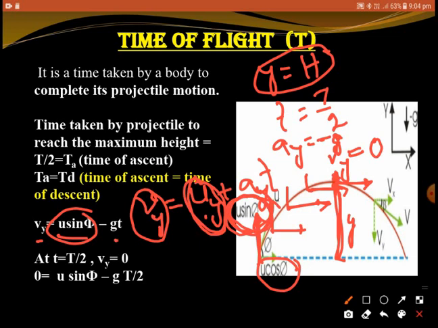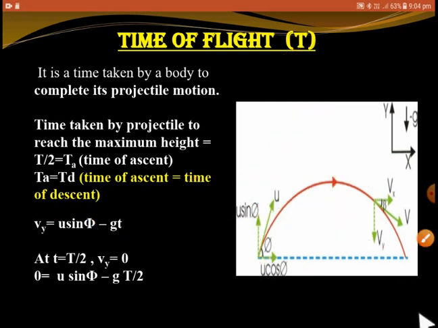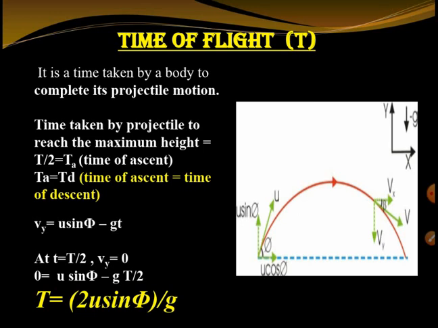And you need to put t as capital T by 2, since vy is equal to 0 at the maximum height. If you transfer the g t divided by 2 to this side and express t, it will be twice u sine theta by g.